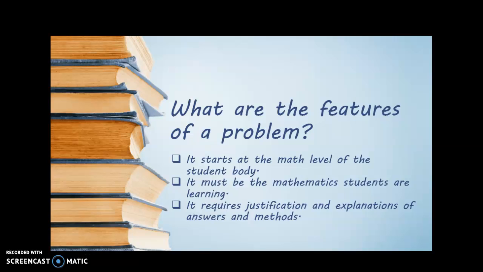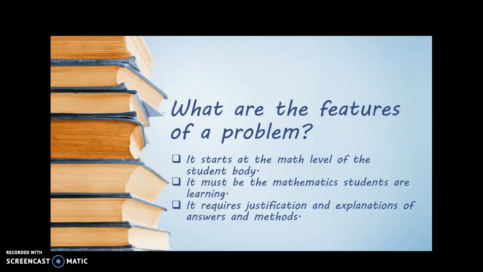Since we've been learning about multiplication, we're going to use the math that we've been learning in the class to discuss what a problem is and what the features of a problem are, meaning what are the ingredients in that problem and what are we going to do to solve that problem.